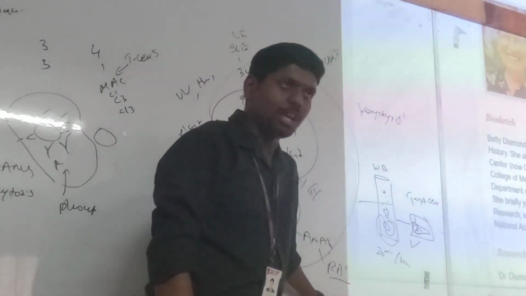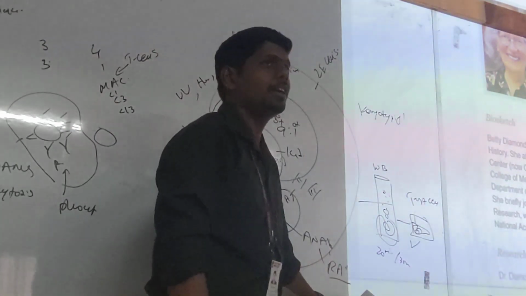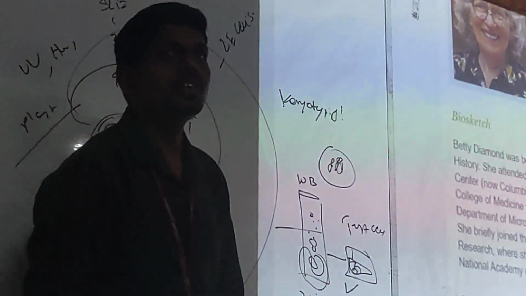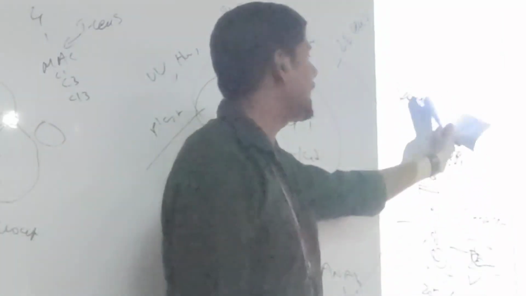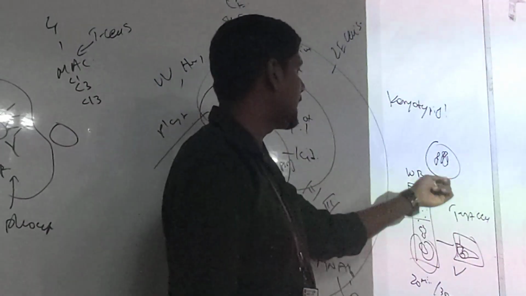Eukaryotes, prokaryotes. Now tell me, what is the meaning of karyo? Nucleus. What is there in the nucleus? Nucleus has chromosomes. Am I correct? How many chromosomes do we have? 46 chromosomes. Counting of 46 chromosomes is called karyotyping.